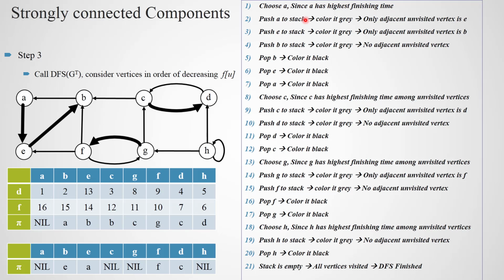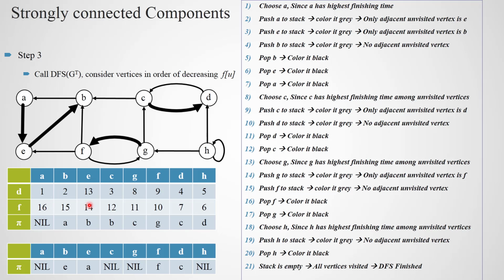Push A to the stack and color it gray. Then we have to look at the adjacent vertices. The only adjacent vertex is E, so push it onto the stack. Here I have explained all the steps, and you can go through them. It is the same as the DFS we discussed, but here the vertices are chosen based on the decreasing value of f of u.